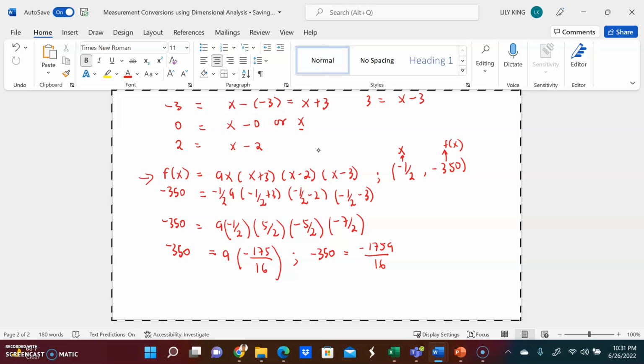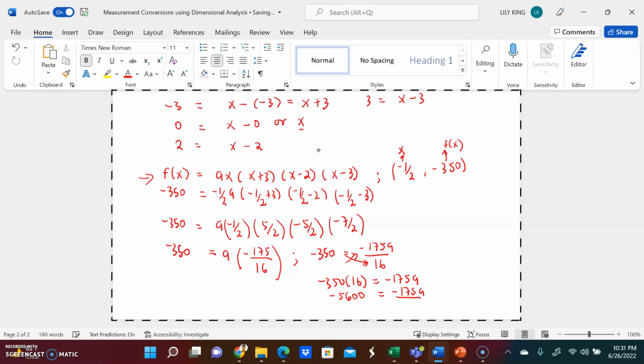At this point, to solve for a, we're going to apply cross product. We multiply negative 350 by 16 and set that equal to negative 175a. Negative 350 times 16 gives you negative 5600, and this equals negative 175a.